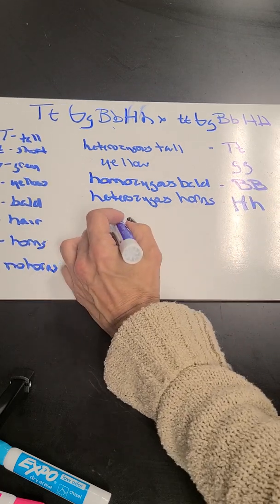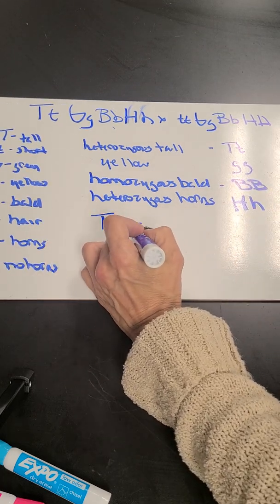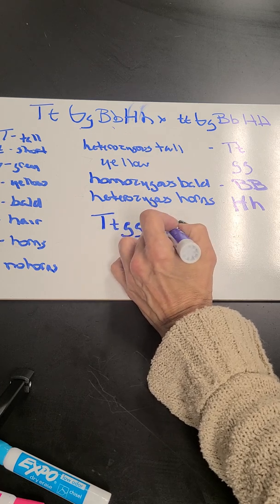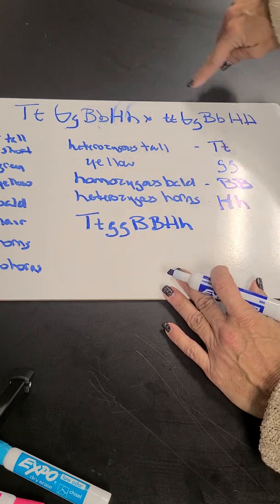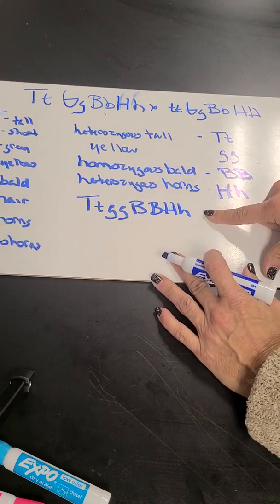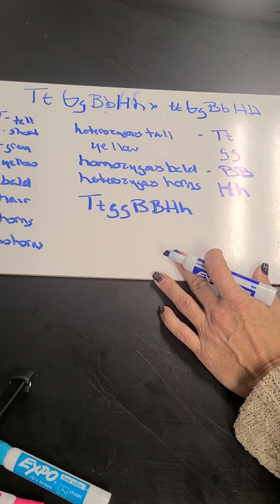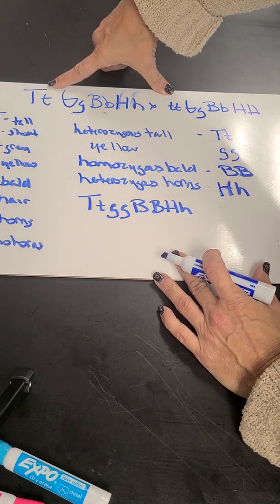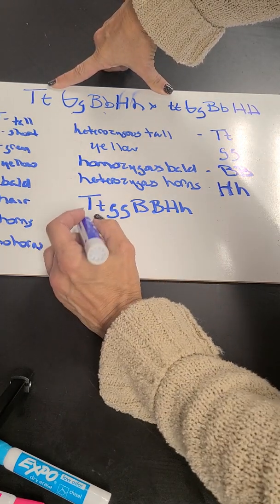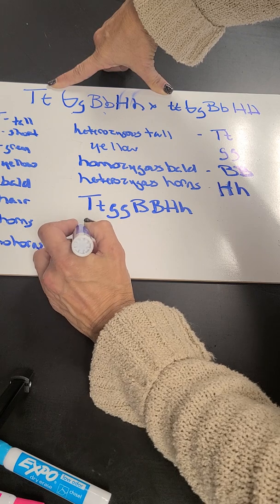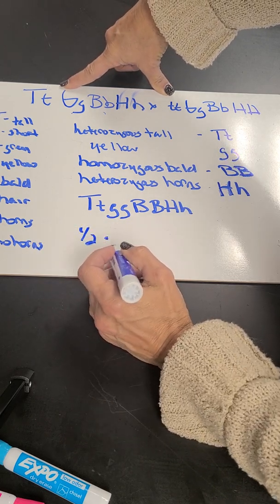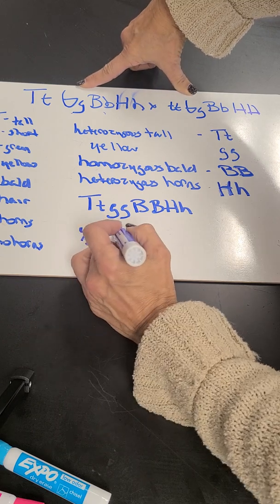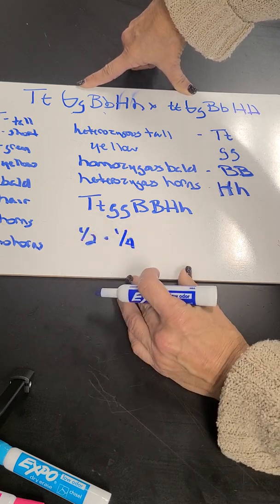So I'm wanting to know what's the likelihood, given these parents right here, of having this offspring? So I can go back and compare my T's. Again, because I'm familiar, I can tell you that that's going to be a 1/2 chance of a big T, little t crossed with big T, little t. And then my G's, that's going to be a 1/4 chance.